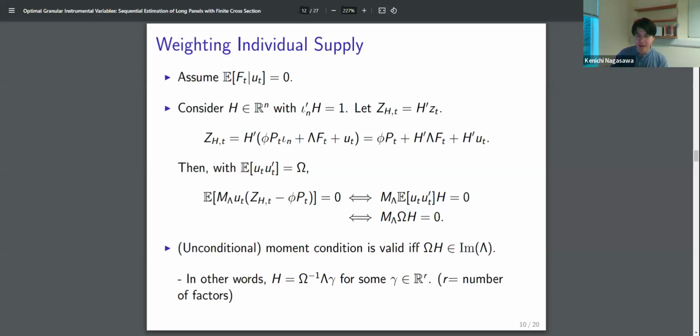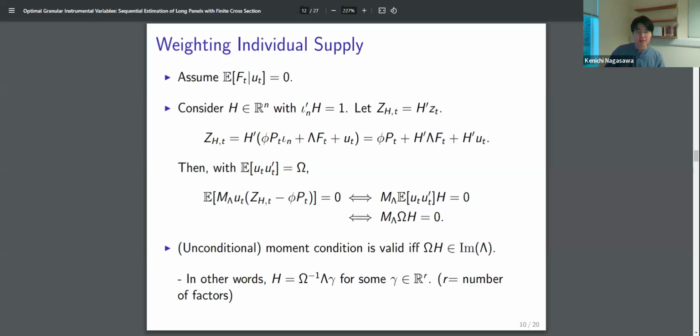So first, let me define some notation. H again is a vector, and we just fix a scale of this vector H. We just assume that the sum of the elements of H adds up to 1, and then we think of this weighted disaggregated supply Z_HT, which is just the H-weighted disaggregated supply.